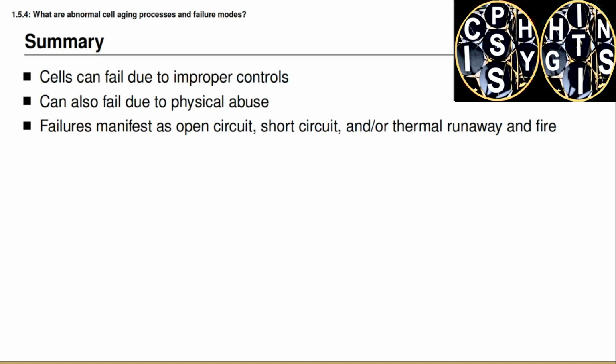And we must take every precaution to avoid increased safety hazards by putting in protection mechanisms on our battery packs, by carefully building the battery pack enclosures to protect the enclosures themselves from penetration and crushing and so forth, and many other things. So there's a lot of engineering analysis and design that goes into the construction of a battery pack in order to protect the user as much as possible.